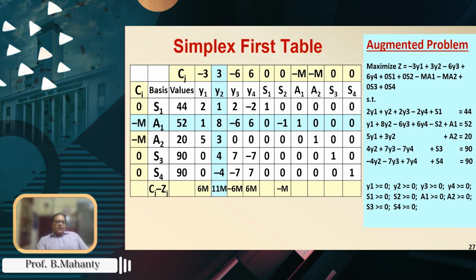If you analyze it, then y2 has the maximum value, that is 11M plus 3. Obviously 3 is too small, so it is ignored. So y2 will come into the basis, and a1 is the bottleneck resource, so a1 should leave the basis. Then we can proceed with the simplex and try to solve the problem in its entirety.